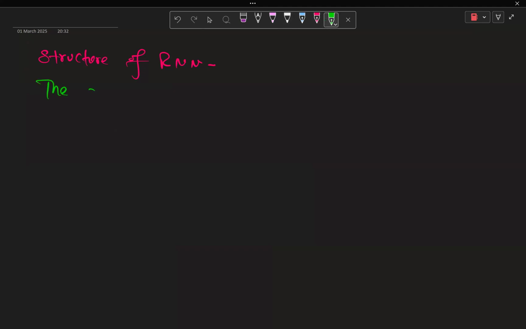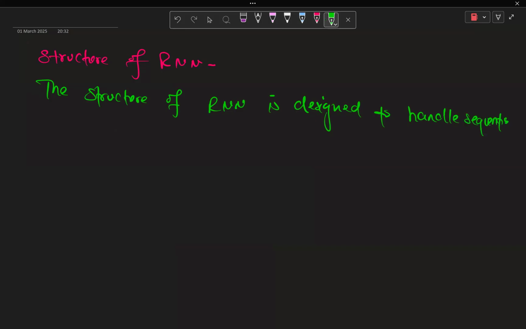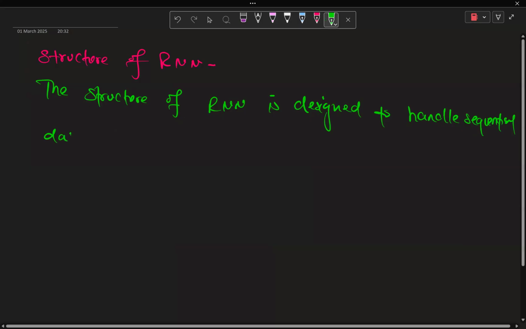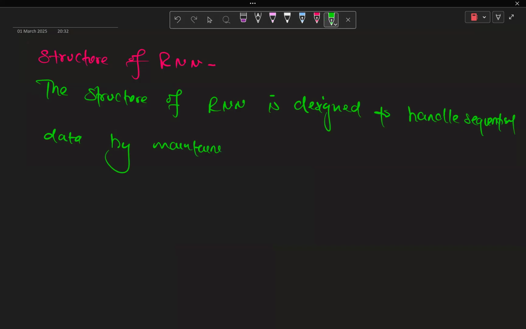The structure of RNN is designed to handle sequential data by maintaining a memory of previous input.